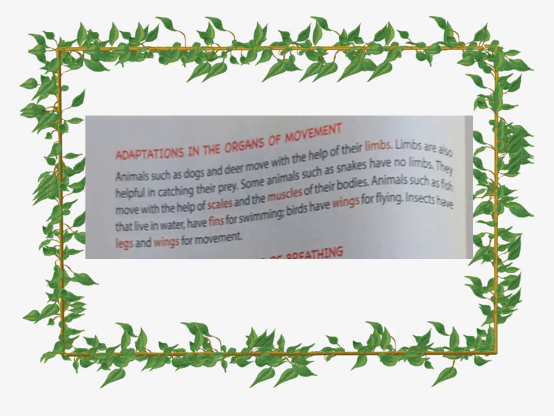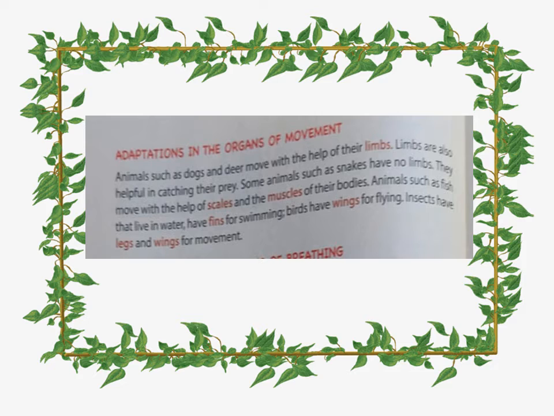Okay. Now here is adaptation in the organs of movement, another type of adaptation in the body. Animals like a dog or deer move with the help of their limbs. Limbs means legs. Limbs are also helpful in catching prey. Some animals like snakes have no limbs. They move with the help of scales and muscles of their bodies.